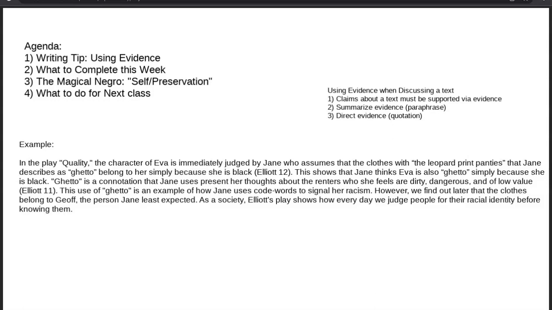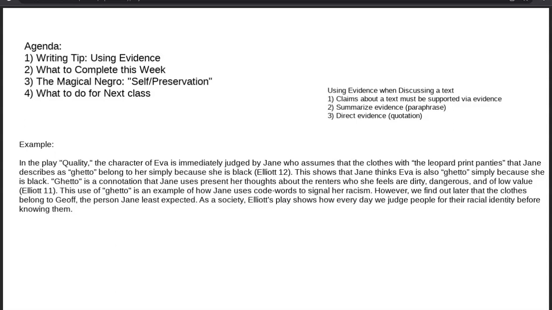So, let's look at an example of what I'm talking about, and I'll break down what it means to use evidence in a text. So, in the play Quality, the character of Eva is immediately judged by Jane, who assumes that the clothes with the leopard print panties that James describes as ghetto belong to her simply because she is black.